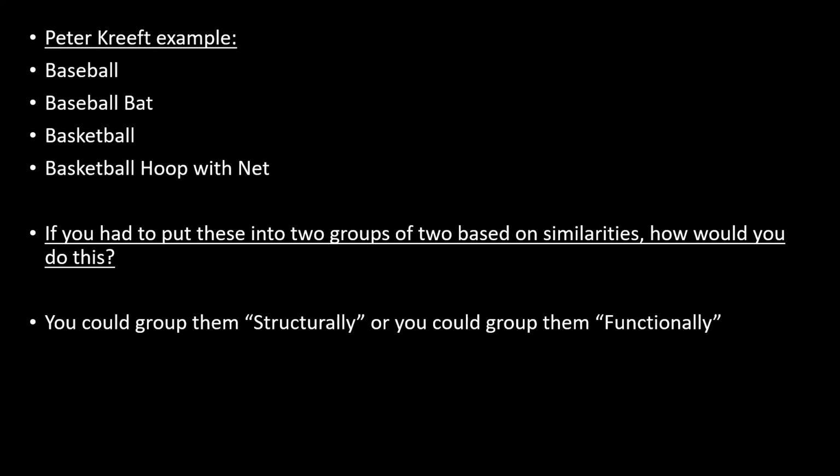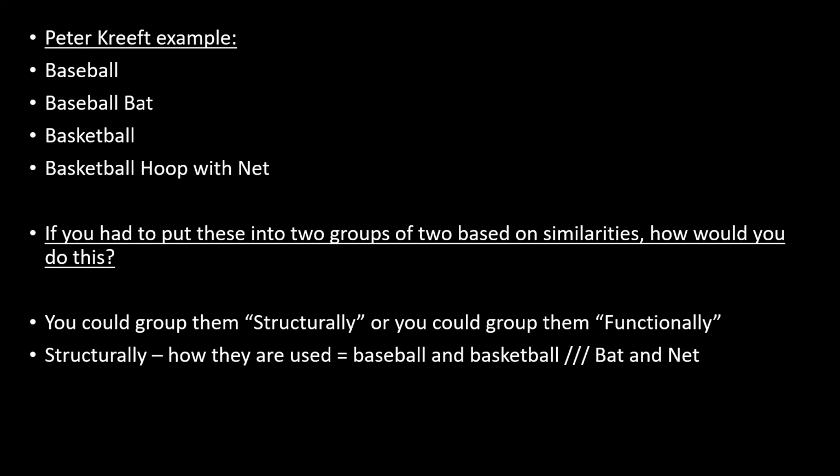And he said that sometimes some people may choose to group these structurally. Other people may choose to group them functionally. And so what do I mean by that? Structurally is how they're used. So you may group a baseball and a basketball together because they're both balls. And then you group the bat and the basketball net differently because structurally they're different than the balls.